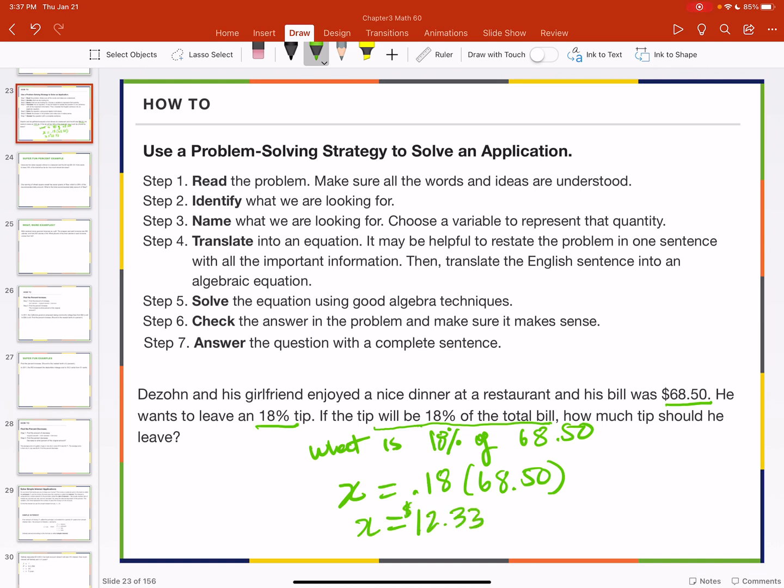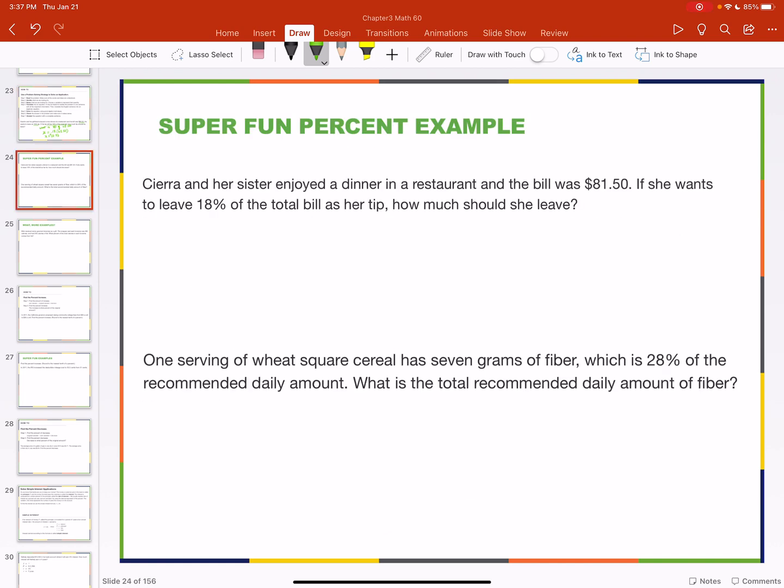Okay, let's do a super fun percent example. Sierra and her sister enjoyed a dinner in a restaurant and the bill was, oh, this is the same thing, so I'm going to skip this example. Let's do this one. One serving of wheat square cereal has 7 grams of fiber, which is 28% of the recommended daily amount.